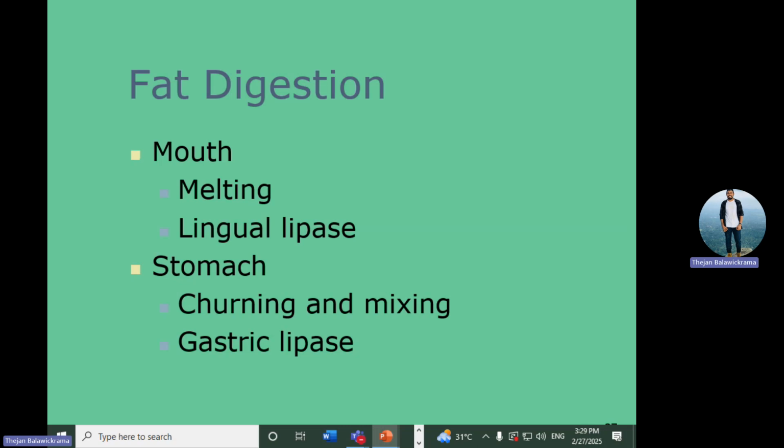Fat digestion happens in the mouth and stomach both.